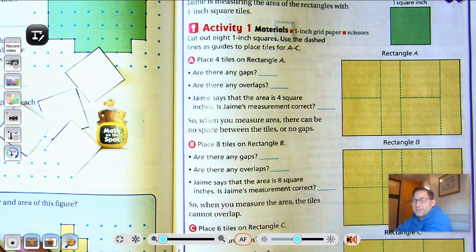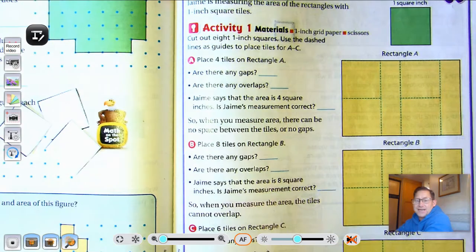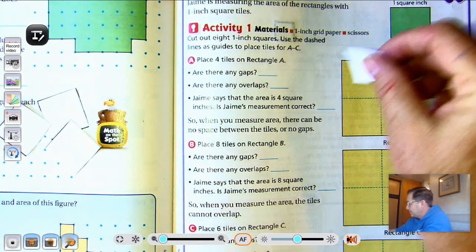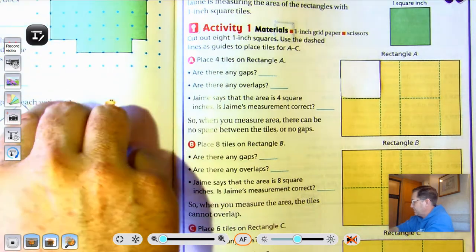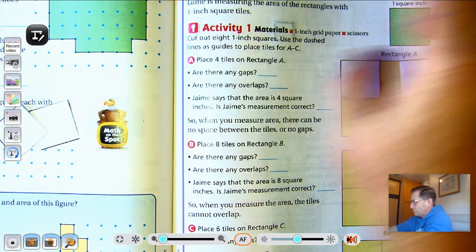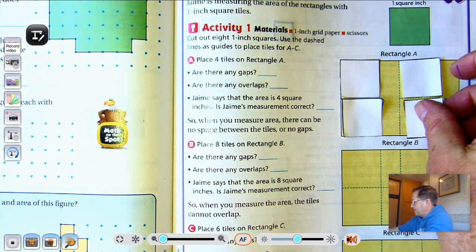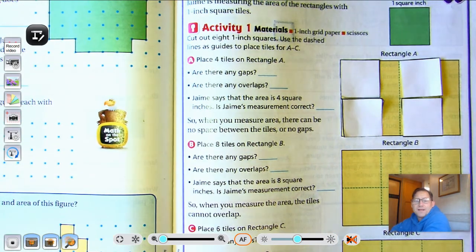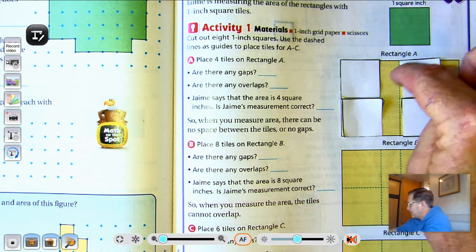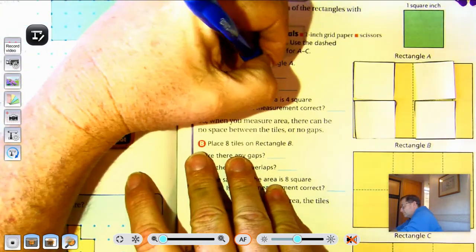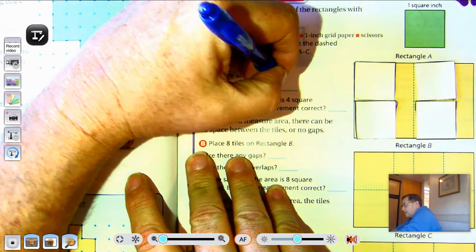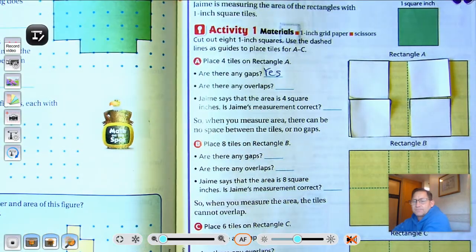All right, so place 4 tiles using the dashed lines as guides. So 1, 2, 3, and 4. All right. Are there any gaps? Yeah. There's a gap here, gap there. Are there any overlaps?